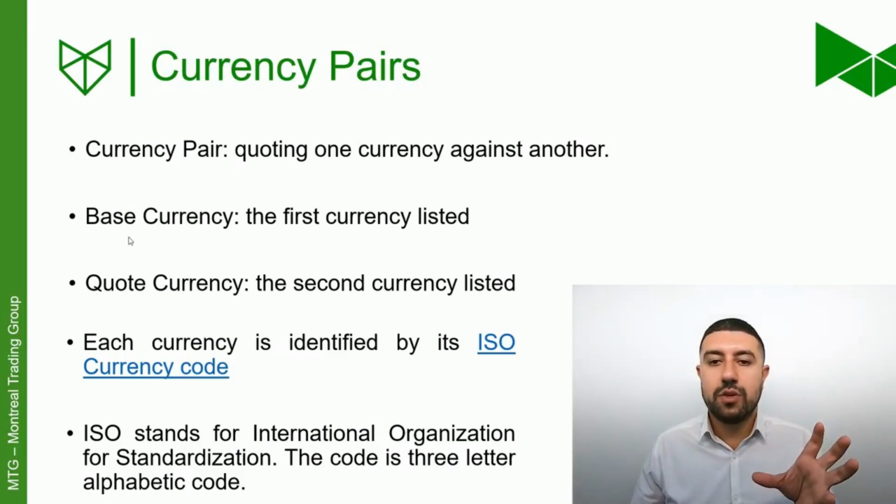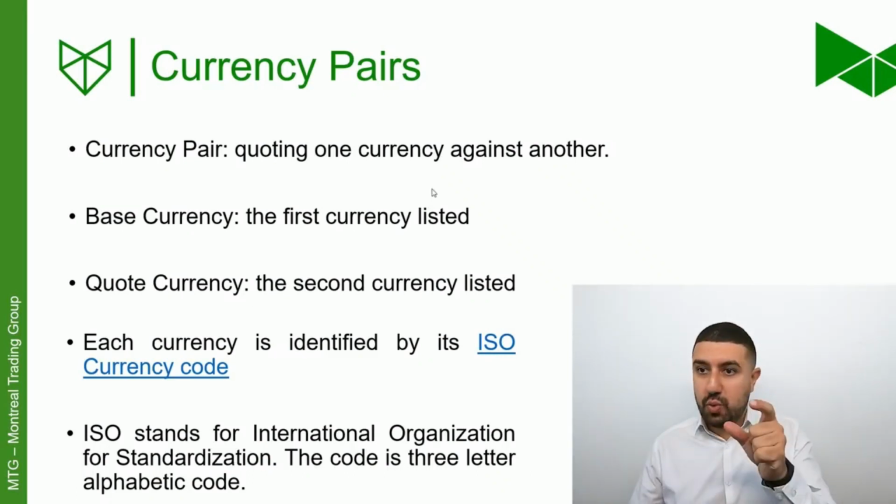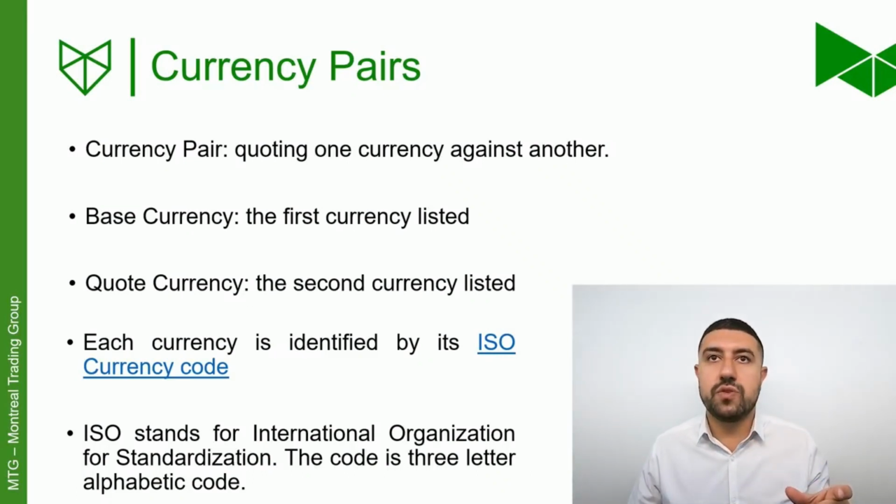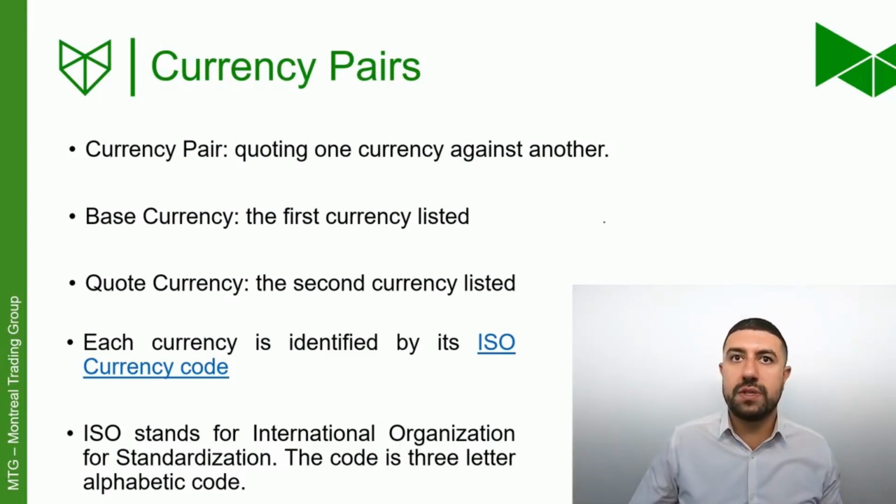Now, in this currency pair, there are two currencies. You have the base currency and the quote currency. The first one is going to be your base currency, and the second one is going to be your quote currency.